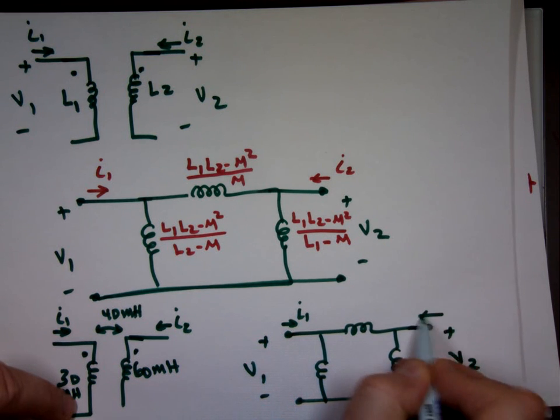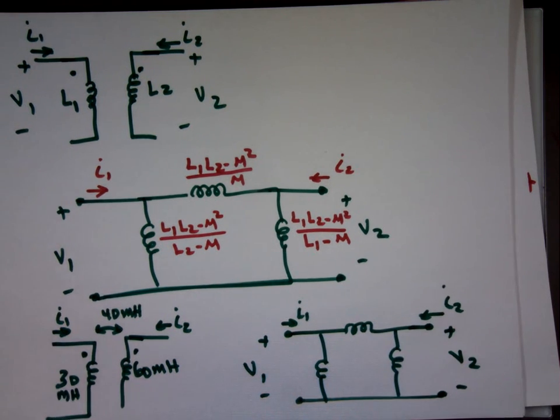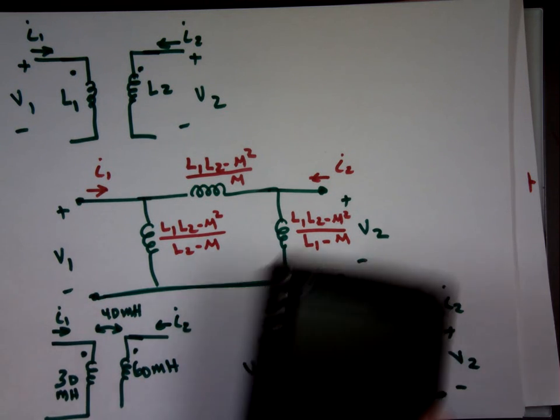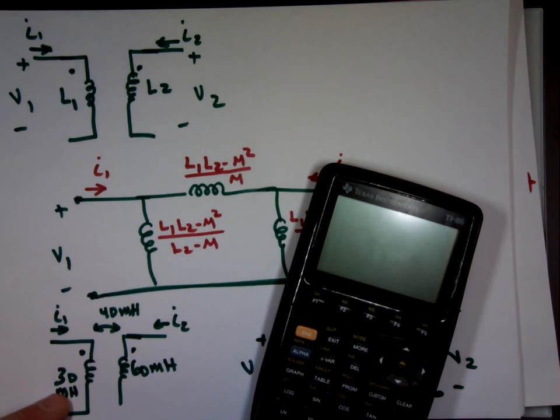Let's see what the values for them are. L1 times L2 minus M squared divided by M. So this millihenry, 30, turn it on first, clear. 30 times 60 minus 40 squared. 200 divided by 40. This will be 5 millihenry.